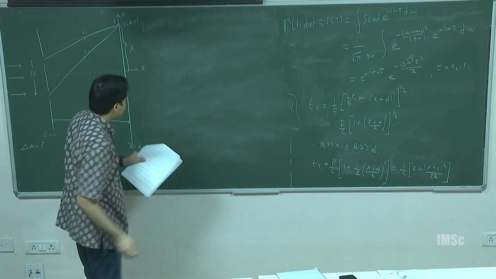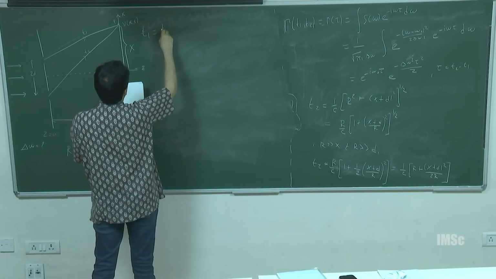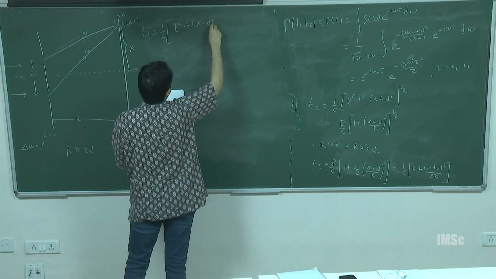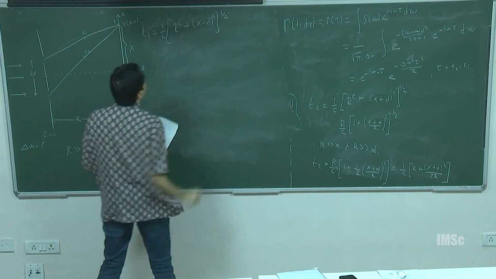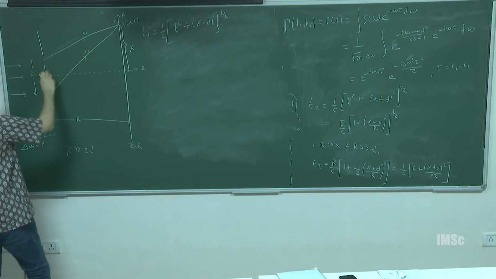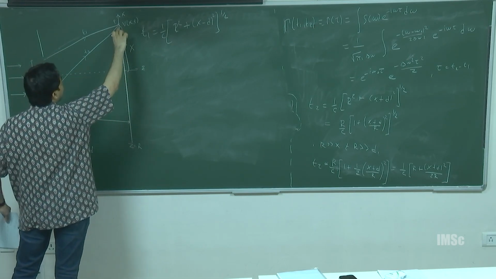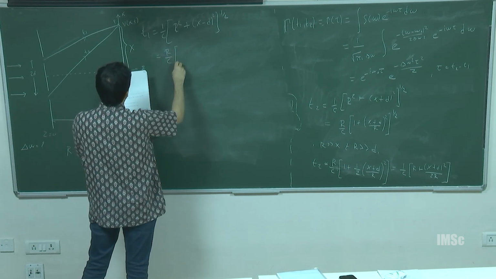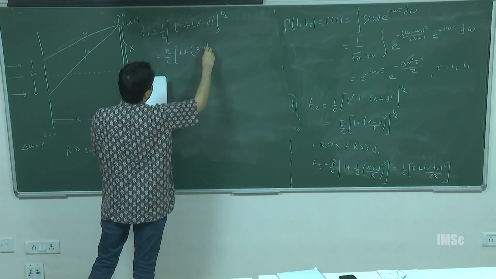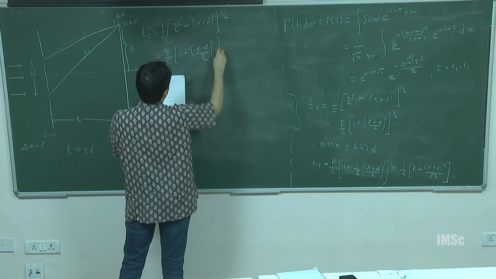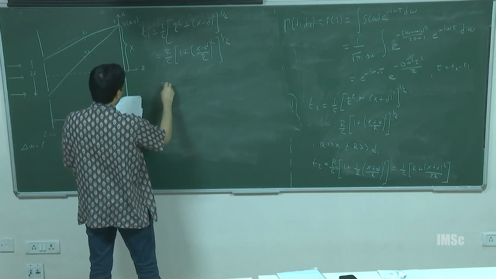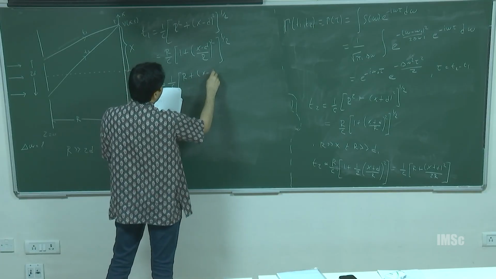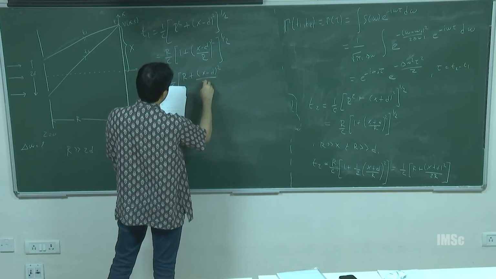So likewise, T1 is nothing but 1 by c times r square plus x minus d the whole square, raised to the power half, because this is T1. So this distance is x minus d, right? So once again, we can make a similar binomial expansion and truncate it to first order.